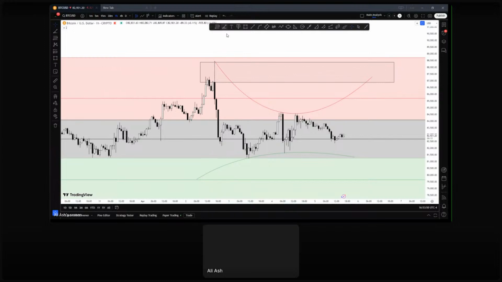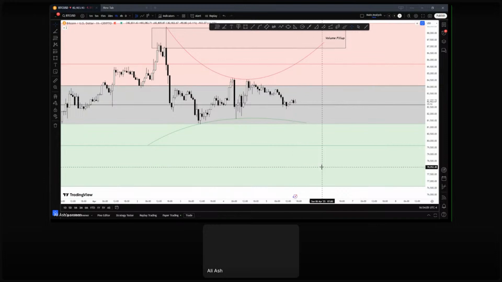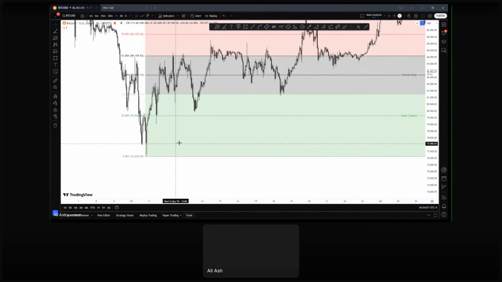So this is our liquidity swap, and on a liquidity swap we mark this as a volume fill up. The market has to come here someday before it can make a liquidity sweep just like this. It has to fill this up, and then it will go for a liquidity swap.